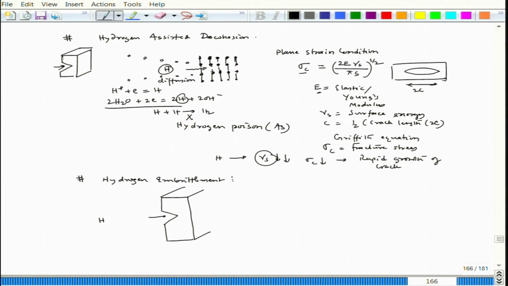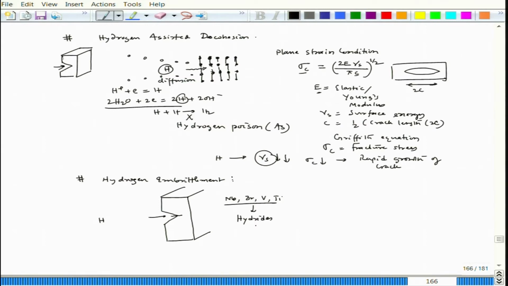So this hydrogen can diffuse in. Okay. When it diffuses in, if there are hydride forming elements like niobium, zirconium, vanadium, titanium, their hydrides form.